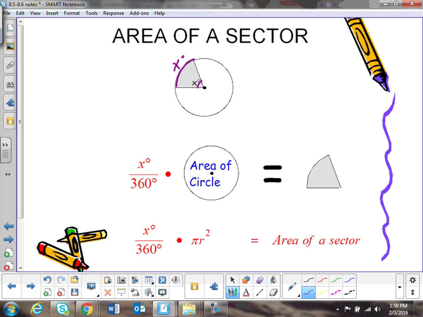This whole thing is not on your formula chart. The only one that is, is the area of a circle. So you have to remember this first part. So x over 360 times pi r squared will get you the area of the sector. So draw this symbolic one first, and then draw the formula right after that.